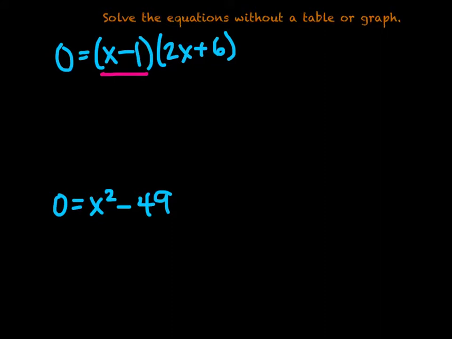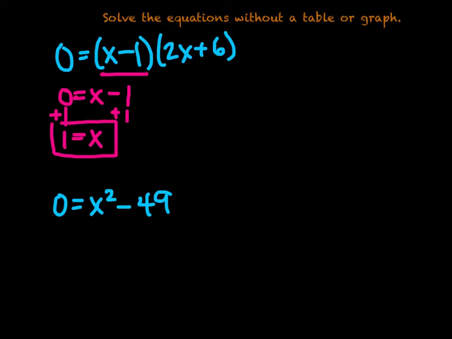So let's figure out what x minus 1 would be equal to. Let's add 1 on each side. 1 is equal to x. There is one of my zeros. There's one of my roots. It's one of my solutions. This is an x-intercept of this particular graph.